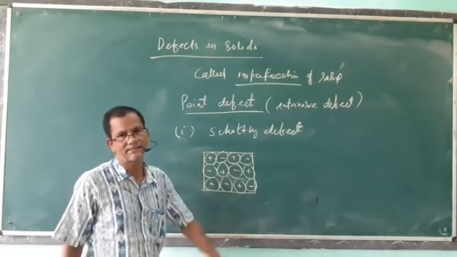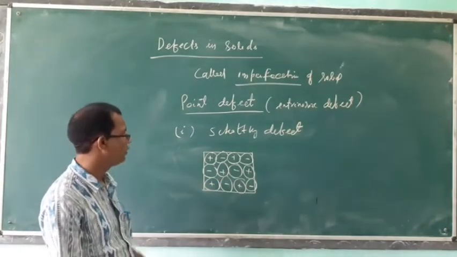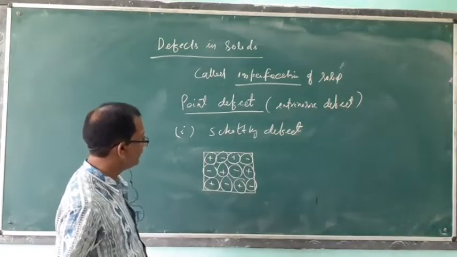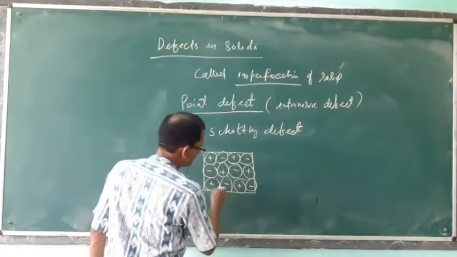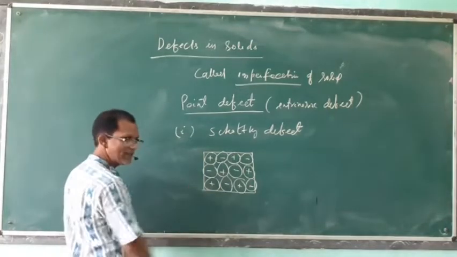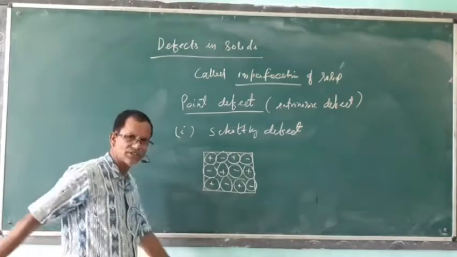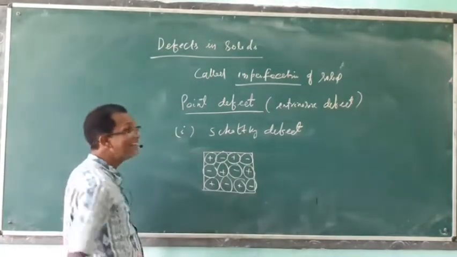Similar size of cations and anions shows this type of defect. This diagram shows a perfect crystal because there is no dislocation, there is no rearrangement.